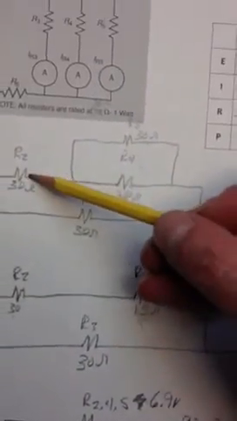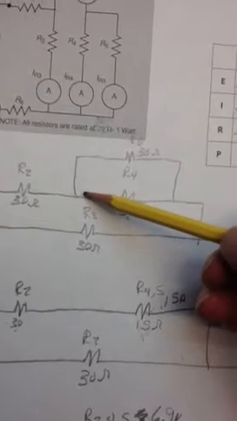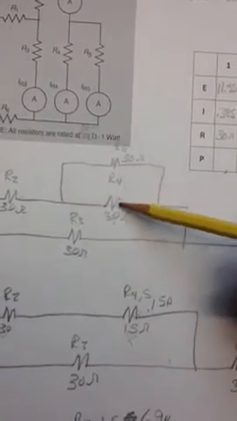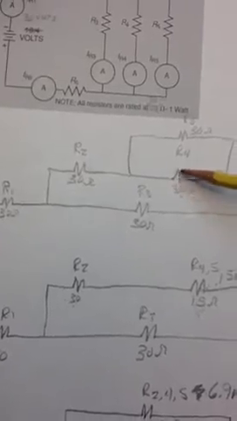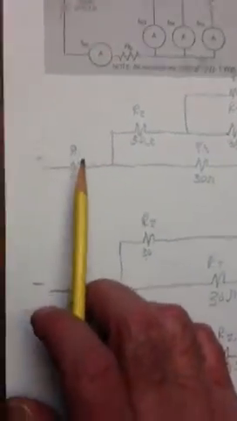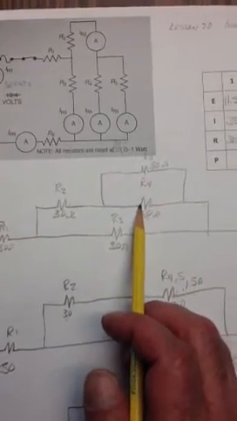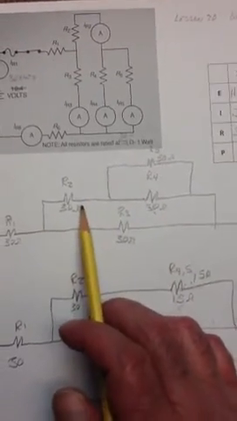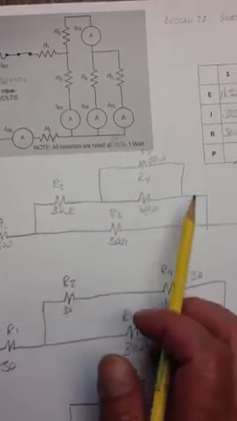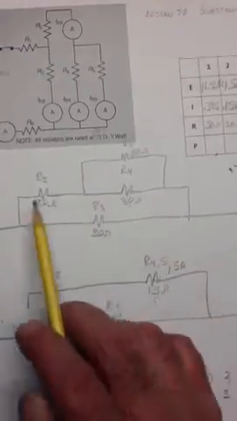So we had 0.15 coming in, so we're going to have exactly half of that on both of these, right? So 0.075 plus 0.075 is 0.15. So it comes in and it splits up equally, then it comes back together here.